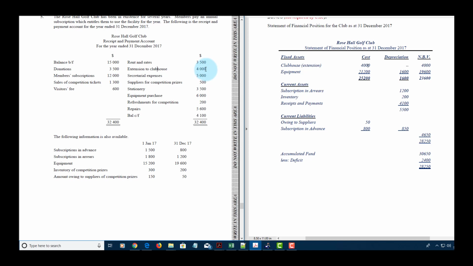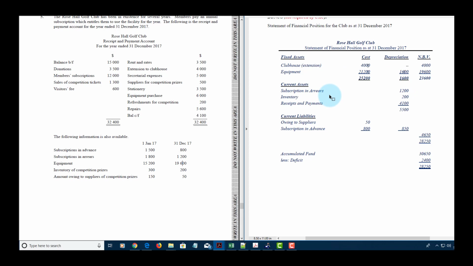If it was repair, we would put it as an expense in the income and expenditure account. We have equipment, 21,200. We got that figure by adding together the 6,000 for equipment purchase with the opening balance, and we know the closing balance on the equipment account is 19,600. So the figure in between, as we found out before, is the depreciation.